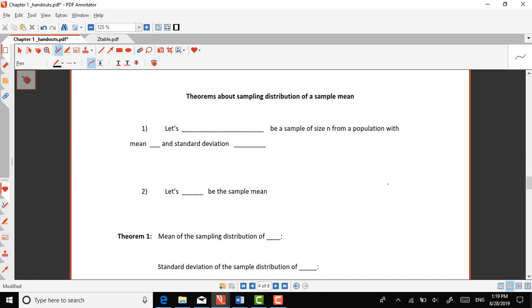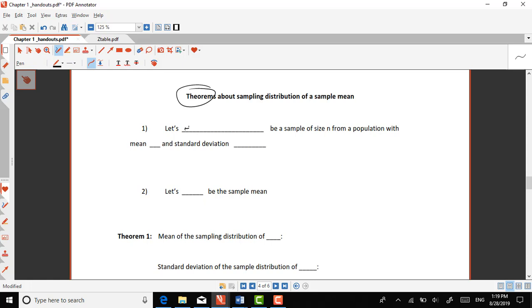So far, I hope I have convinced you that the sample mean has a distribution. But now let's learn a little more about the characteristics of that sampling distribution for the sample mean. So let's talk in more detail. In order to do that, we're going to look at some theorems about the sampling distribution of the sample mean.